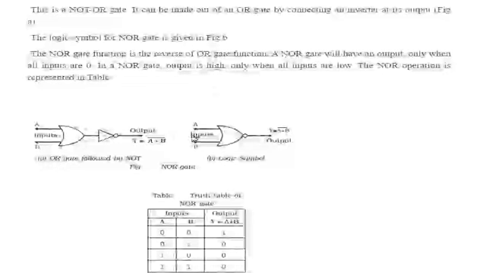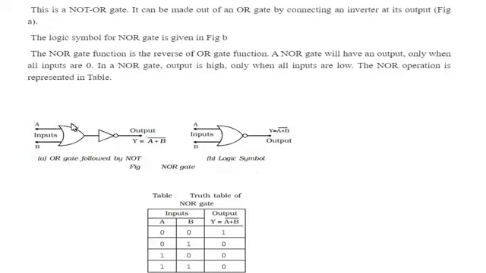Now this is the next gate, the NOR gate. This is NOT OR gate. It can be made out of an OR gate by connecting an inverter at its output. This is shown in the figure. The logical symbol as shown in the figure is a combination of OR and NOT gate.